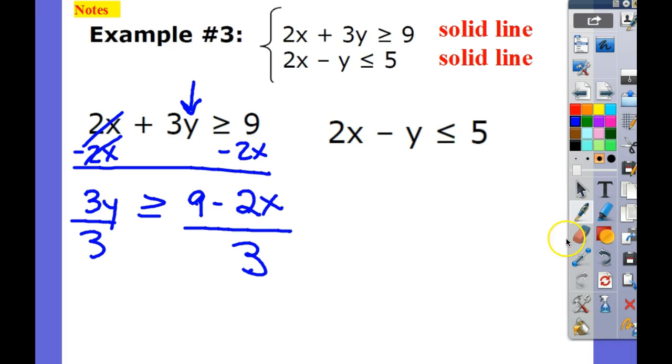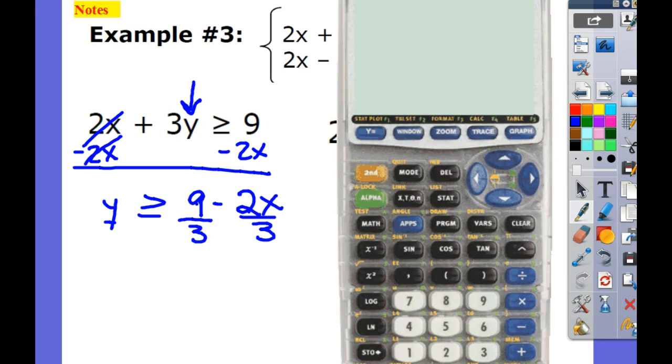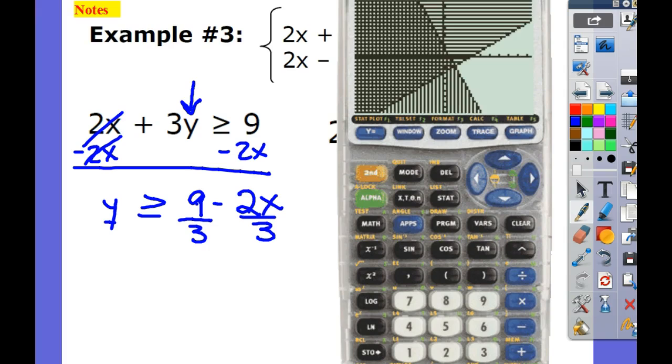To make that completely clear, I've always made my students, when they're doing this division, divide by 3, divide by 3. You're dividing everything by 3. That makes it real clear that you're dividing everything by 3. Now, if you want to, you can make that look prettier, but you don't have to. The calculator does not care whether you reduce that 9 over 3 or not.